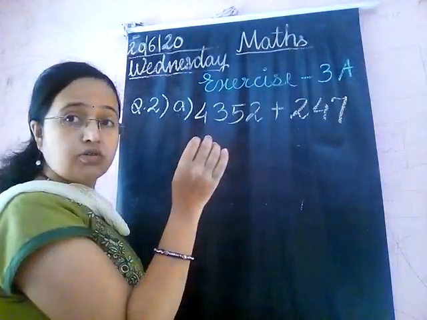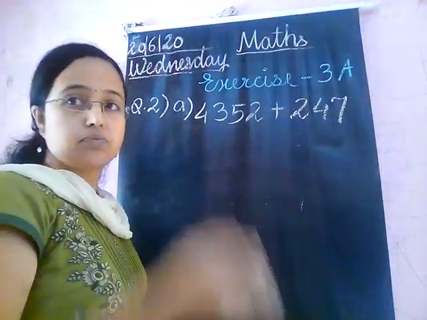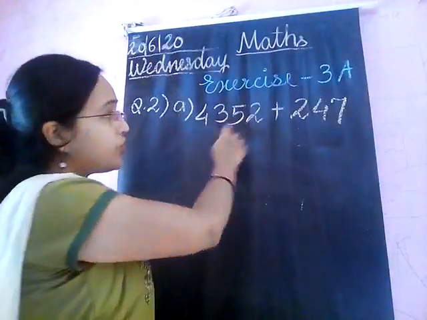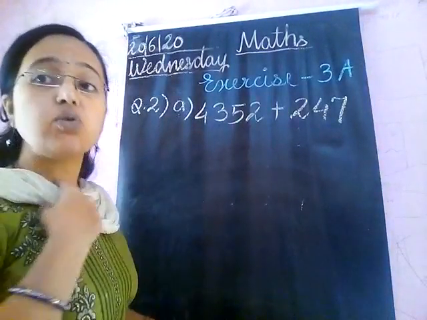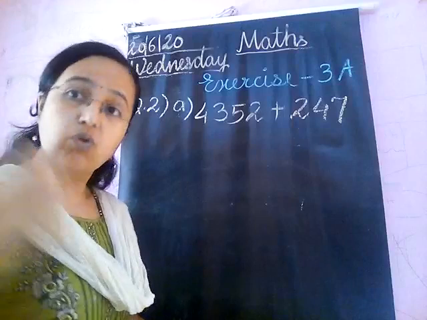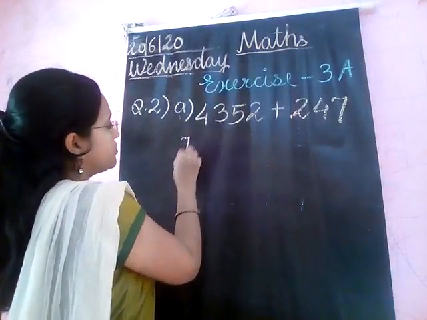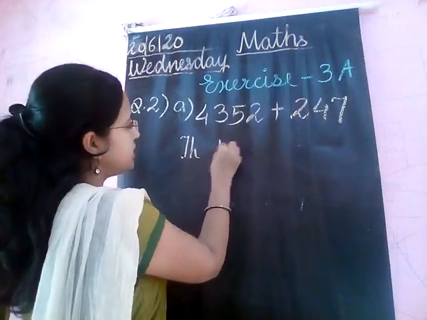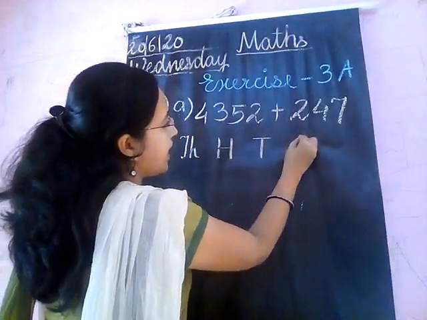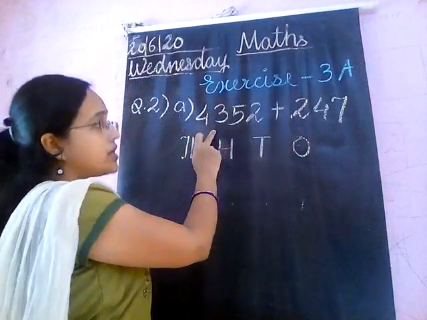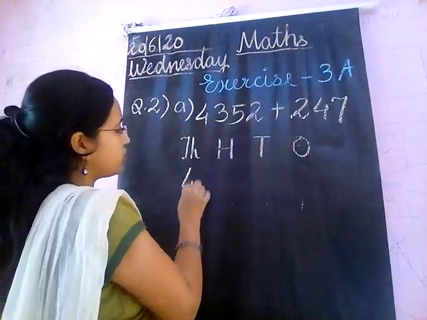See, first of all we will make columns. 4-digit numbers are there, so we have to make 4 columns, that is thousands, hundreds, tens and ones.